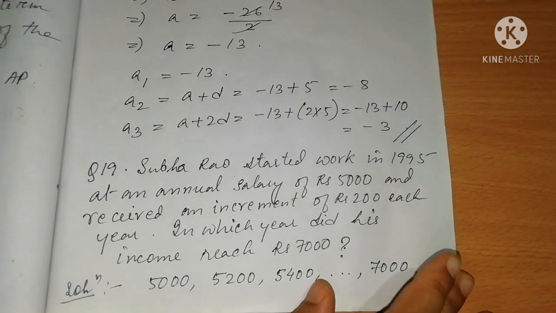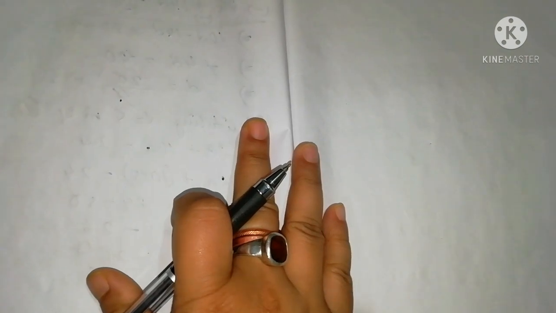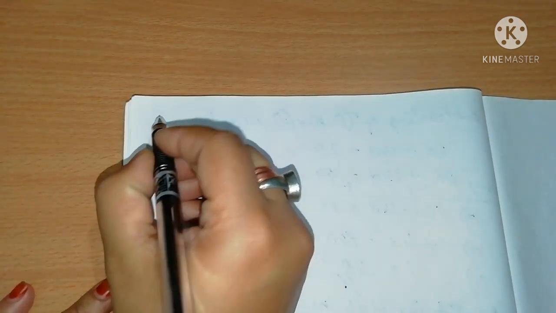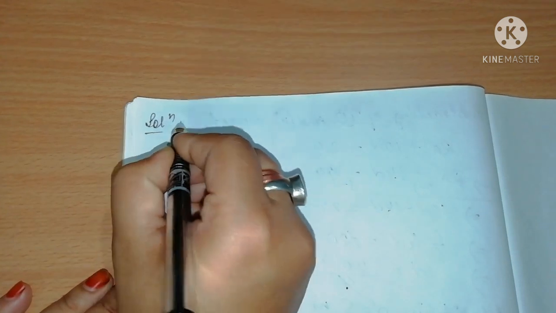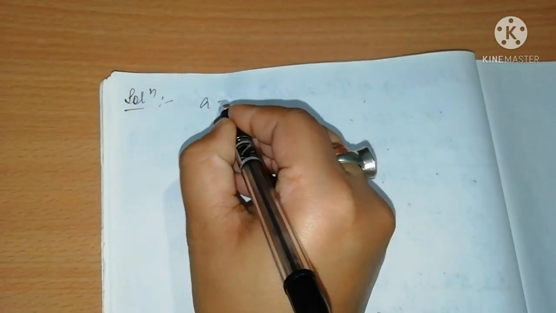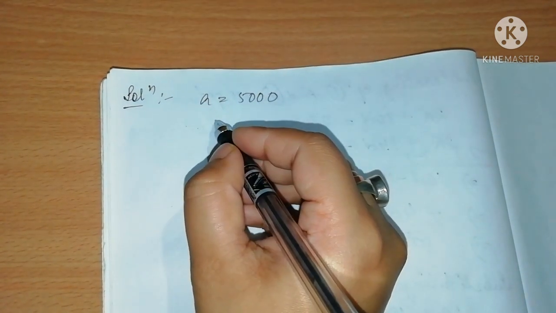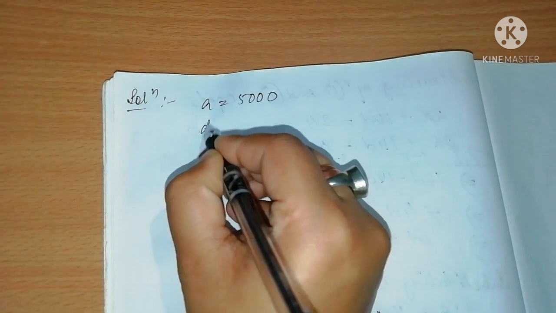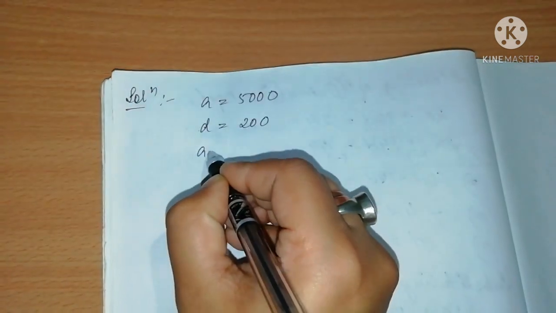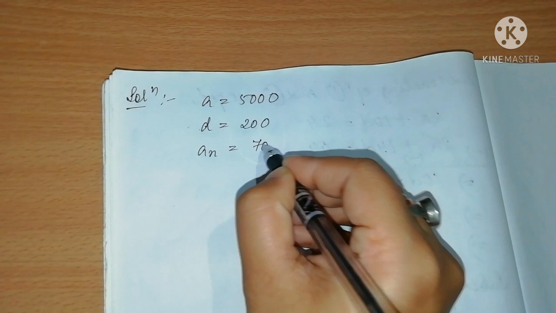So here A is your 5000. D is your 200. AN is given as 7000.